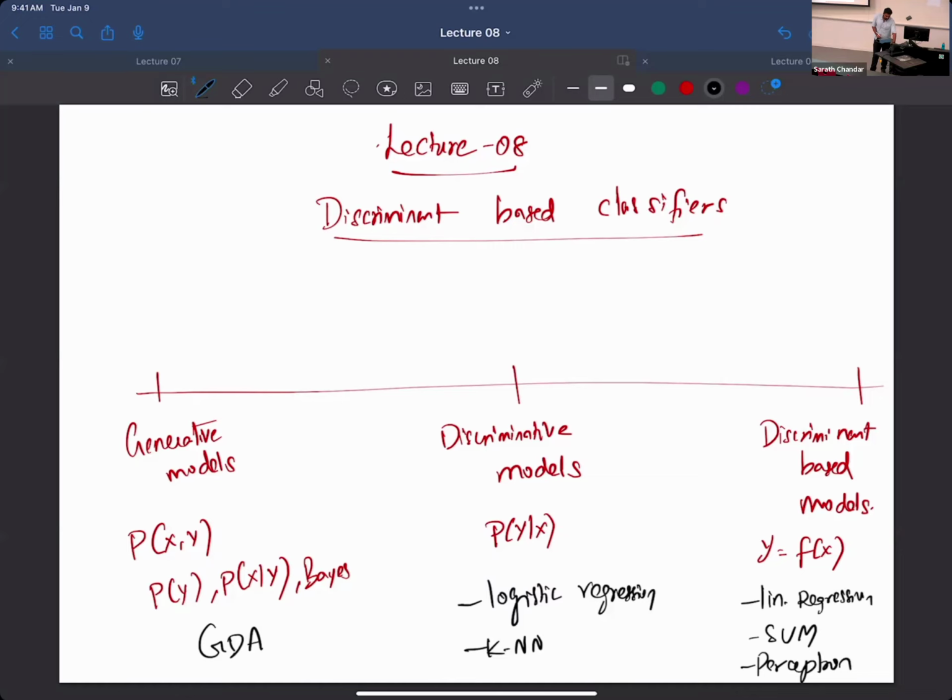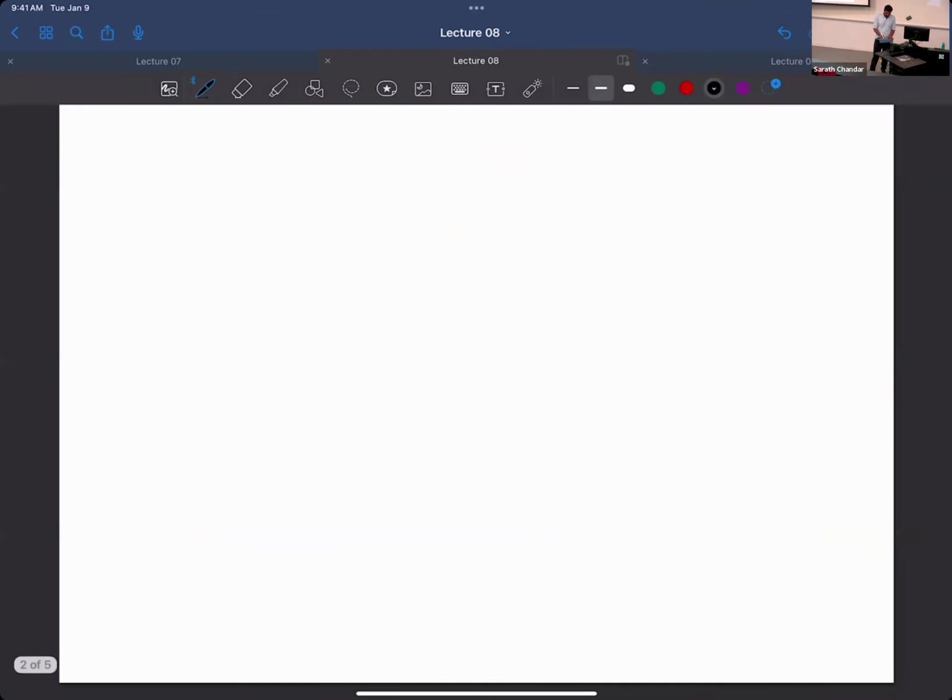Okay. So in the case of SVMs, we discussed two formulations last week, right? We actually started with hard margin SVMs, right?